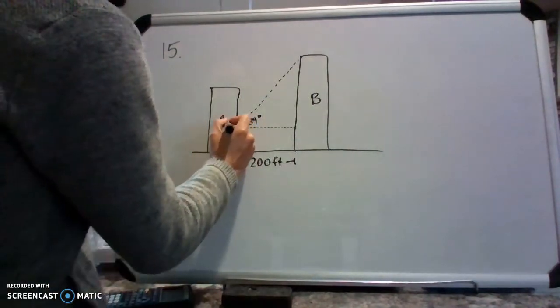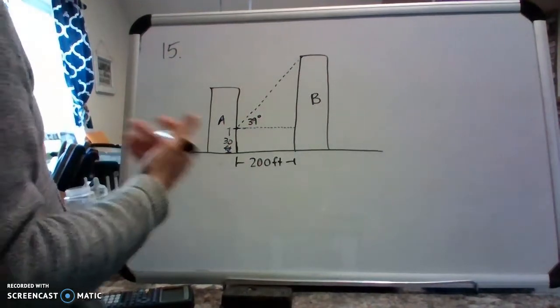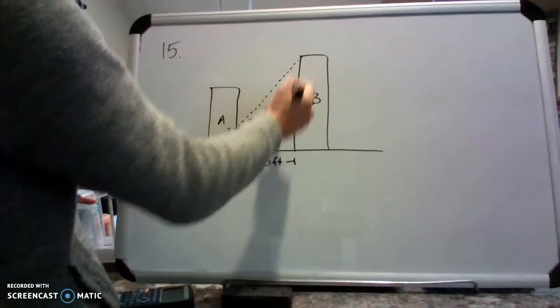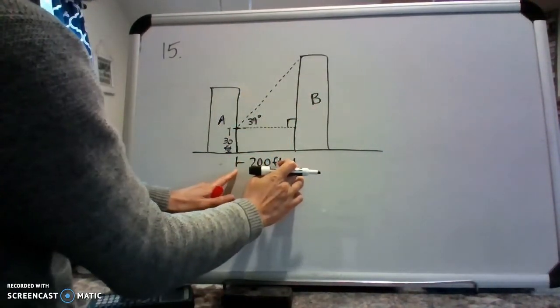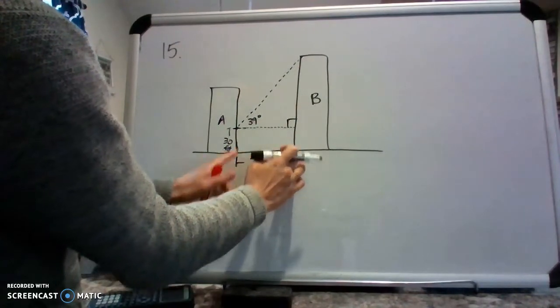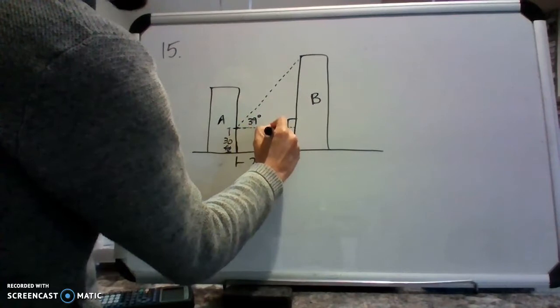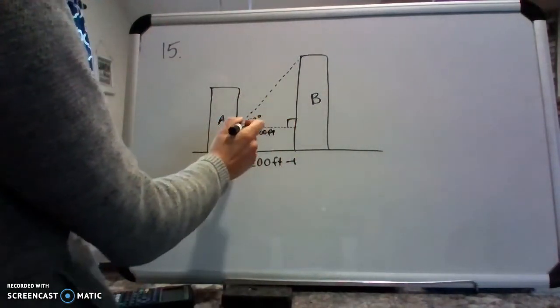And the question states that we should calculate the height of building B. I think it's pretty clear we have a nice right triangle here. And the distance between the two buildings, the 200 feet here, would also be present at the height that the woman is looking at. So we know that this distance in our triangle is also 200 feet.